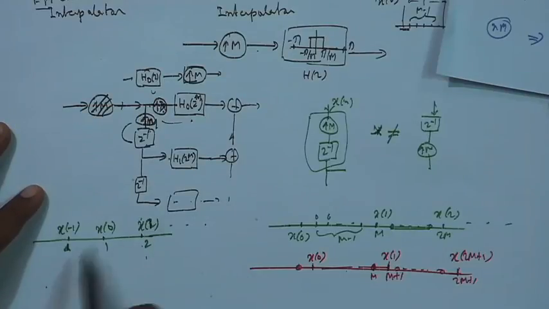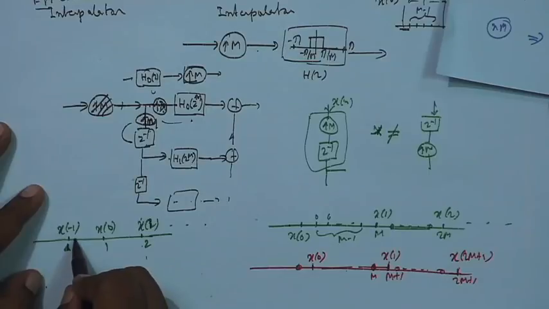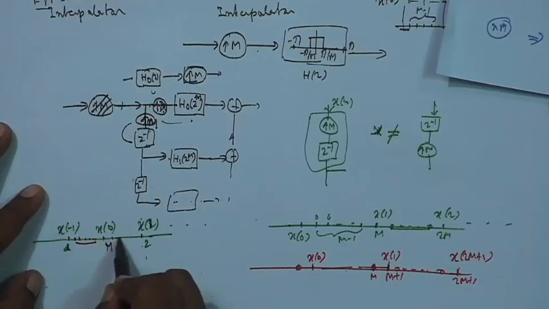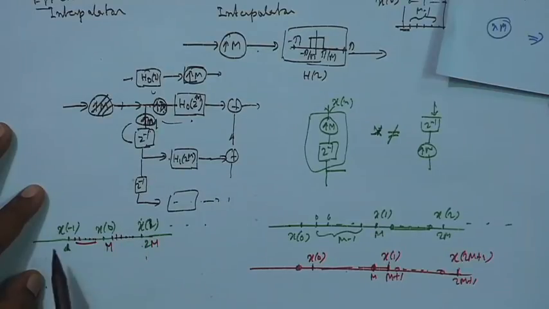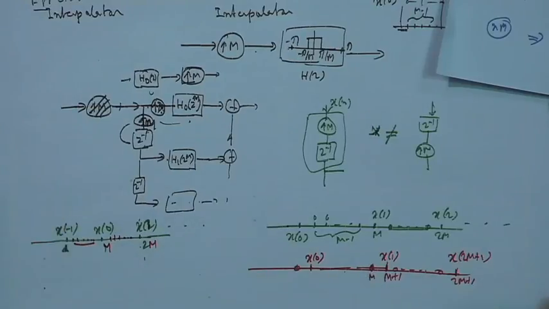Now, if you expand, you will have 0 0 0, this will become mth, then 0 0 0, this will become 2mth. So, you see 0th here is x minus 1, here 0th is 0, mth here is x 0, mth here is 0. Okay. So, the two are not same.